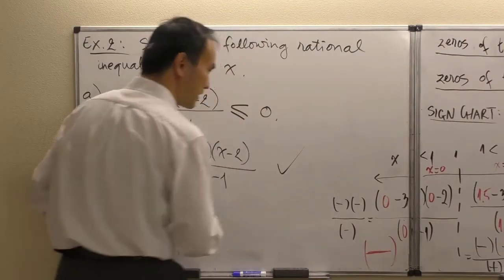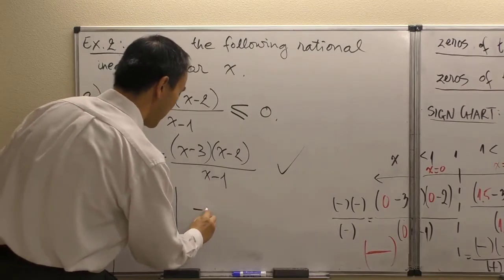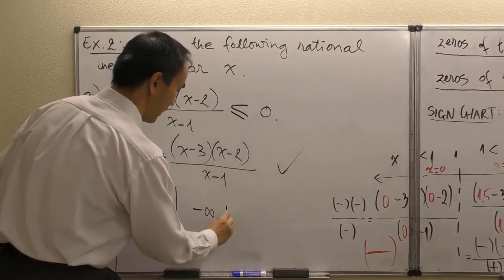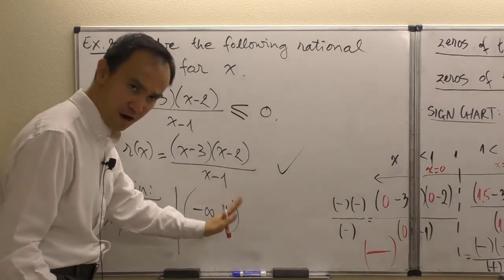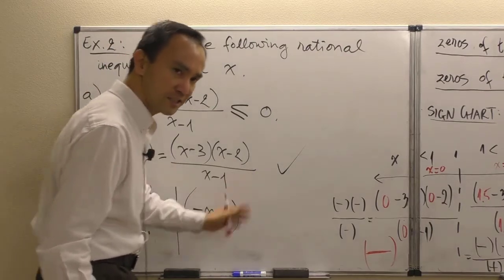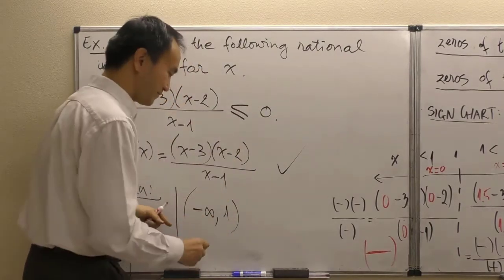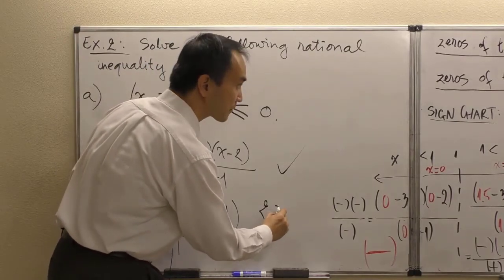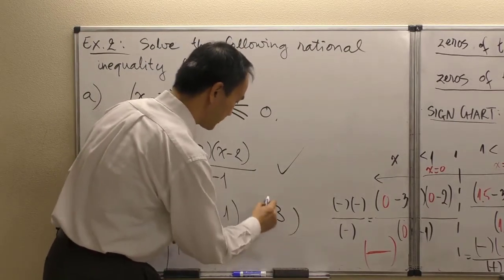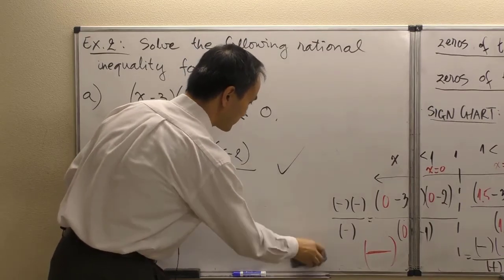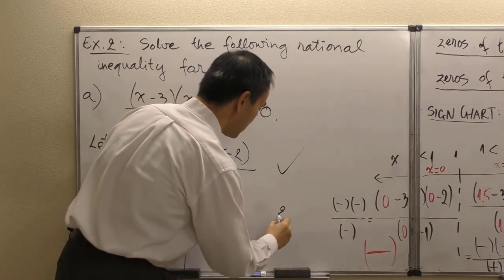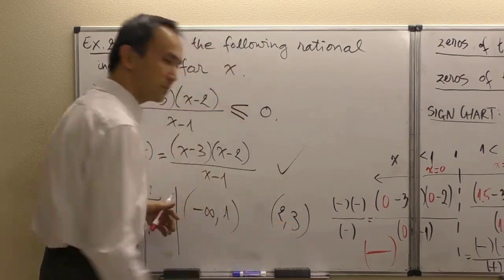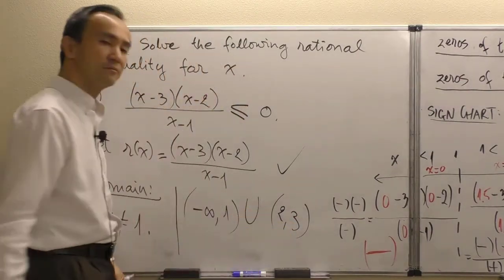So I'm looking at anywhere between minus infinity and 1. For now, let's leave them all with parentheses, open intervals. The next one I found from the sign chart is between 2 and 3, again with parentheses, and then a union between them.